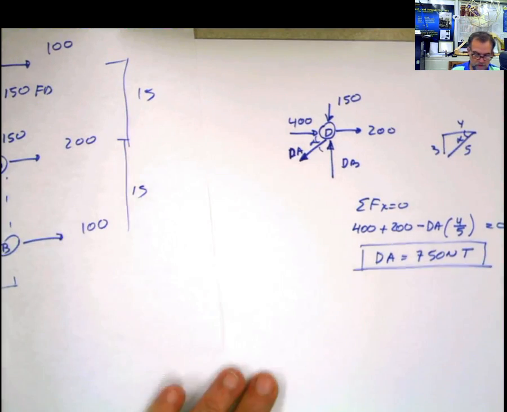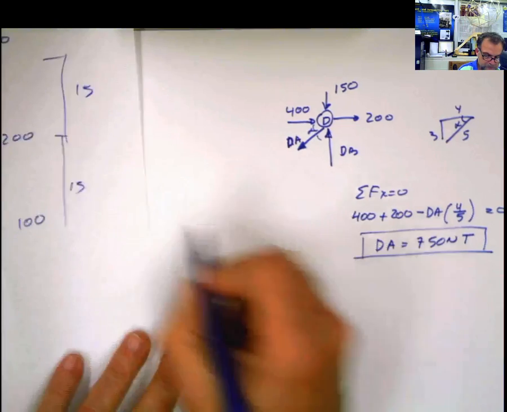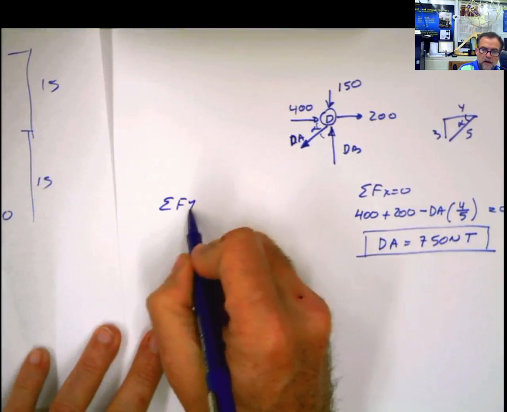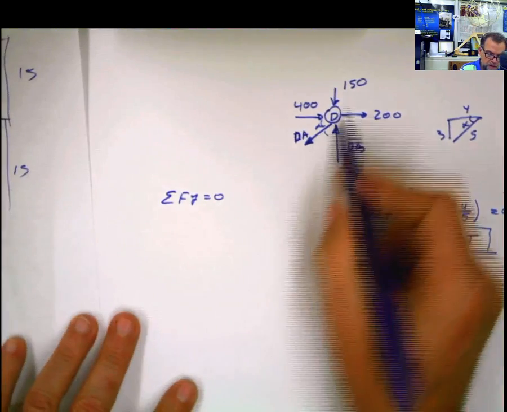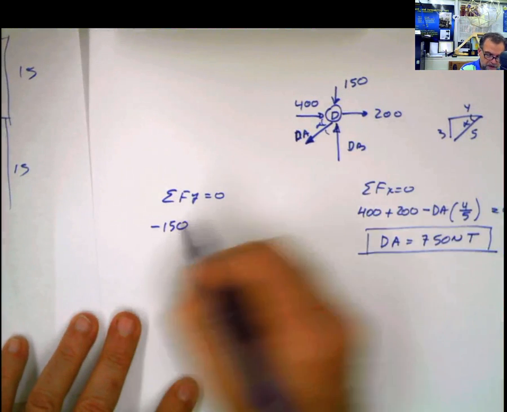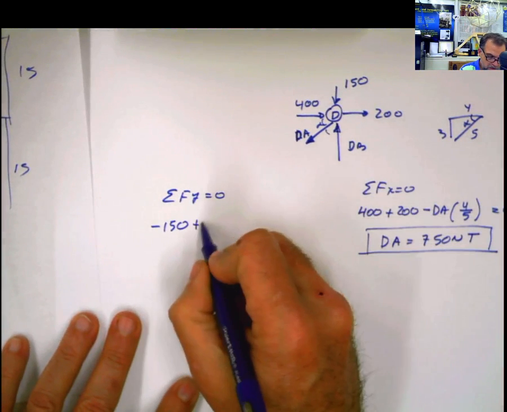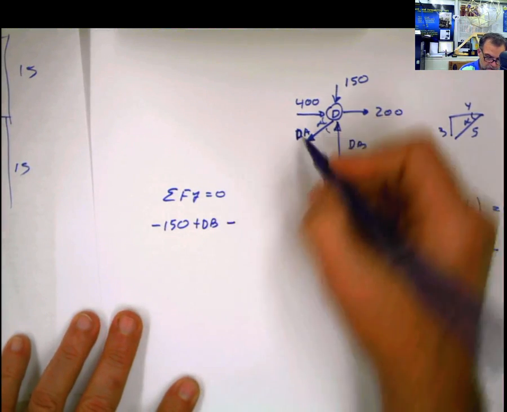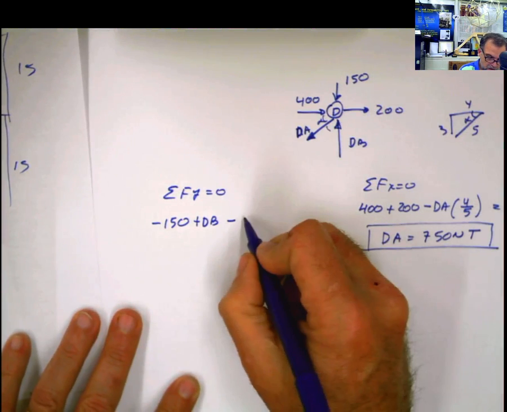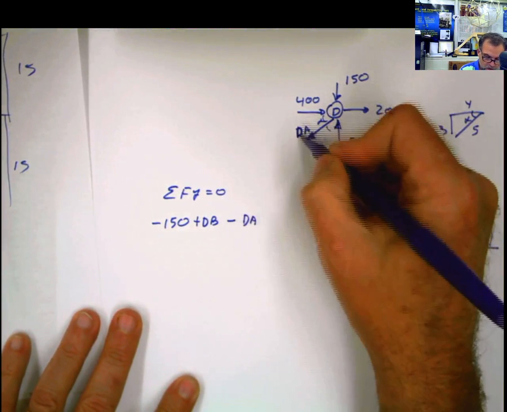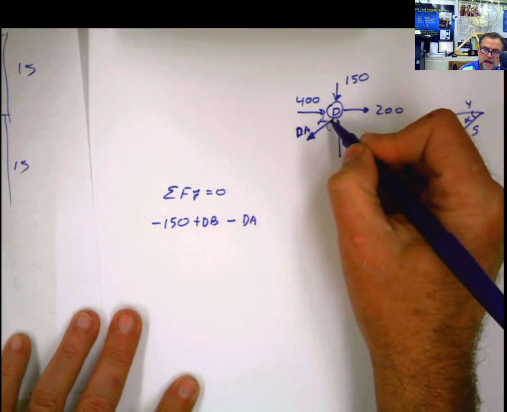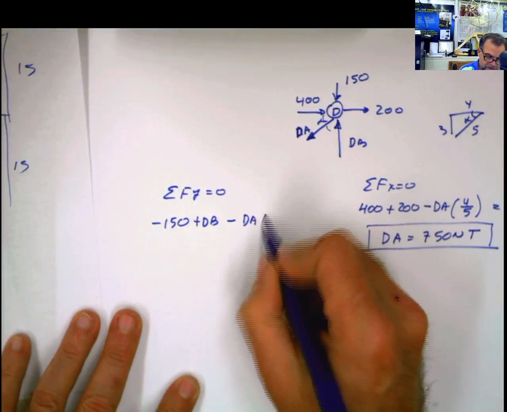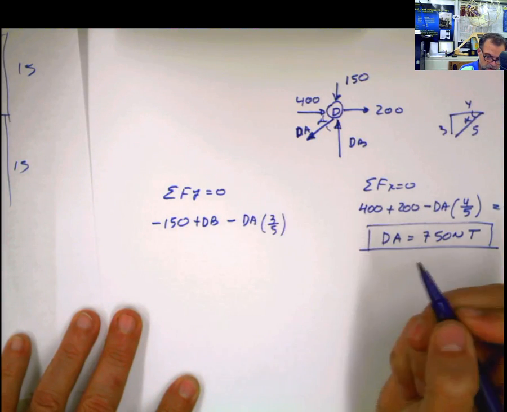And then I do summation of forces in y equals 0, and then you get negative 150 plus DB, which is my unknown, minus the vertical component of DA, the vertical component is this one, meaning we are using sine of the angle, or 3/5. That's it, right?